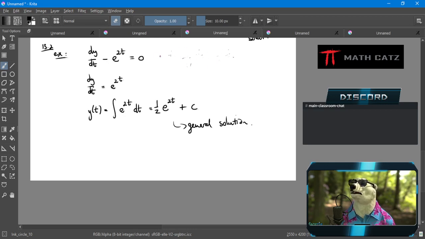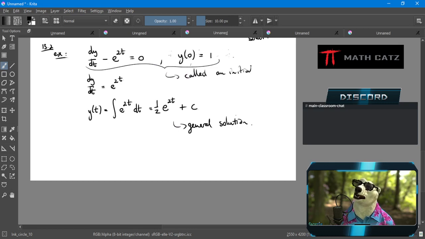If I'm given some extra information, like, that doesn't really matter, my function, let's say, at 0 is 1. These two together are now called an initial value problem. So in case you see somewhere they ask you to solve this initial value problem, it simply means it's a differential equation and some extra information provided.